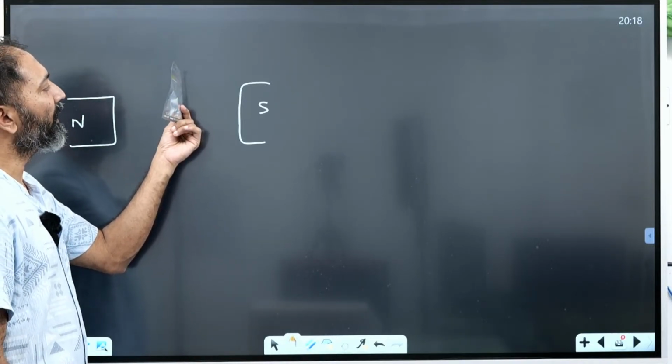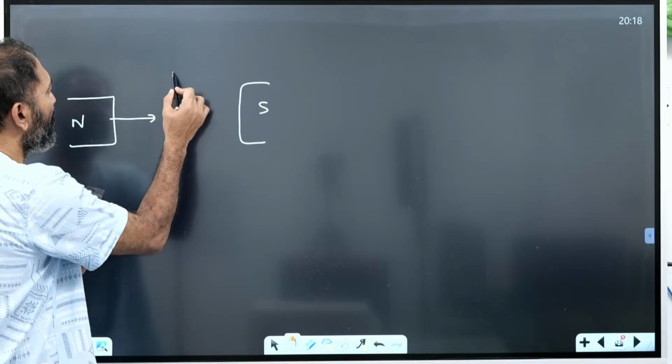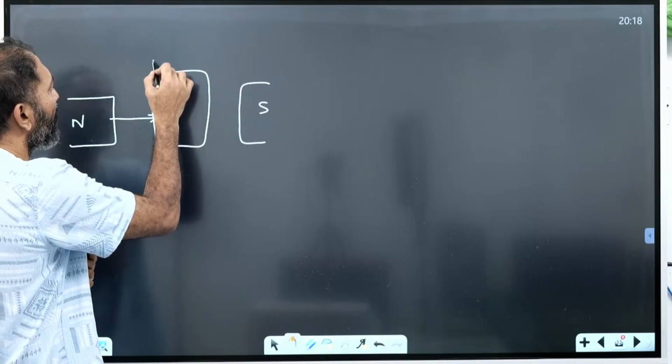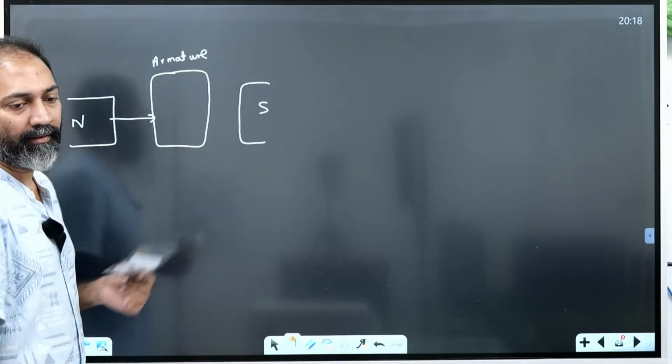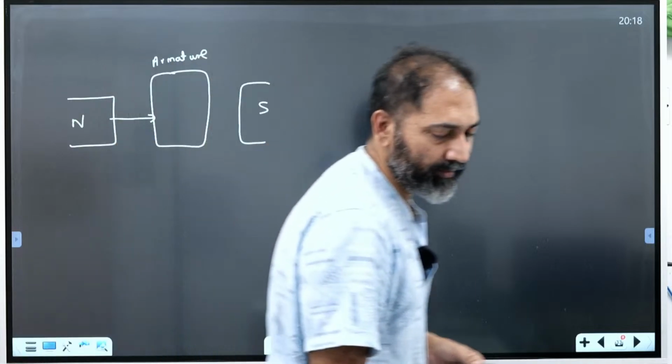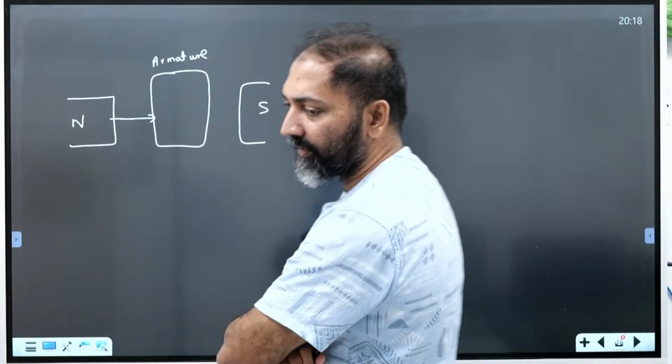Then you will say the plane is perpendicular, because the lines of force go from north to south and this is the armature plane. Then what is the angle theta? What will be the angle theta here? Please type your answer.